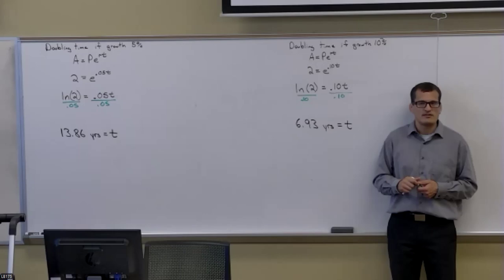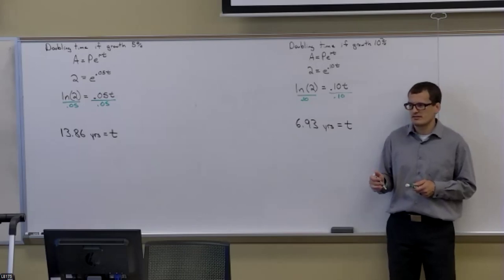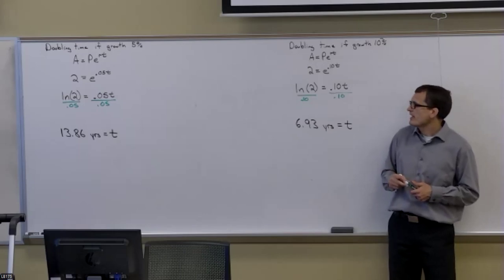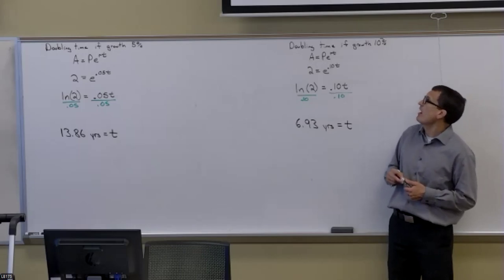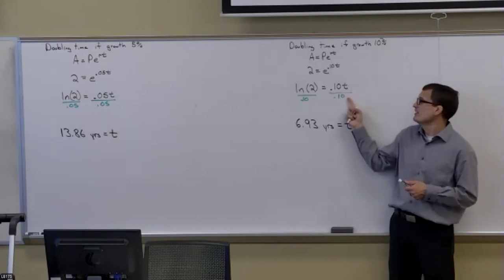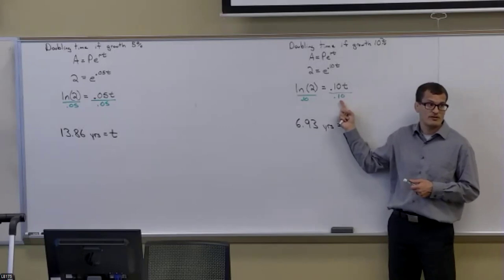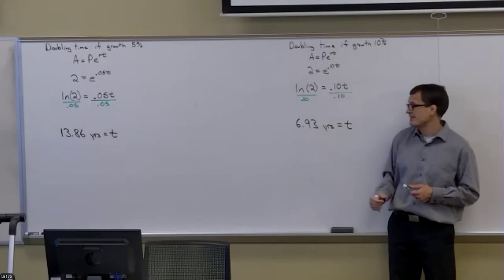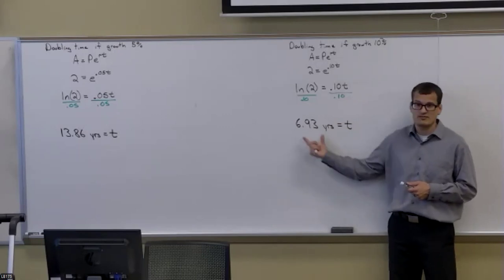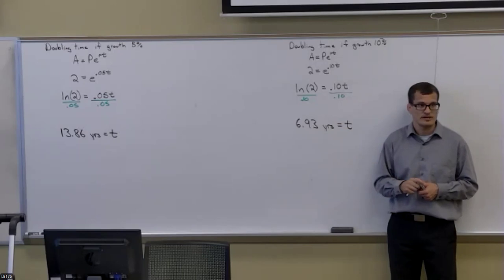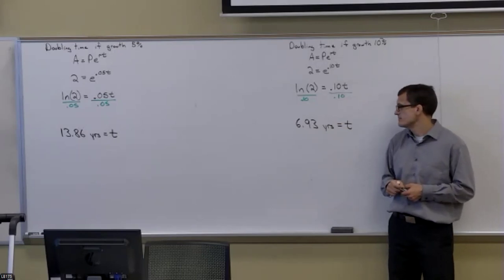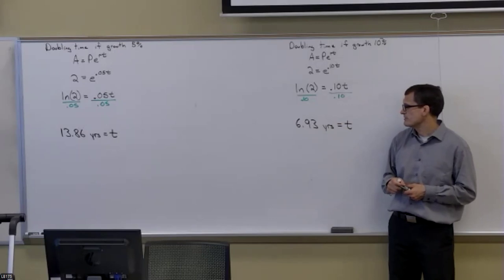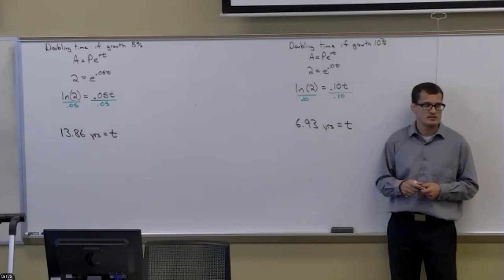That's the way it's always going to work. If we had a growth of 20%, because we'd be dividing by 0.2, this number would get cut in half again, and we'd double in whatever half of 6.93 is, 3.465, something like that.